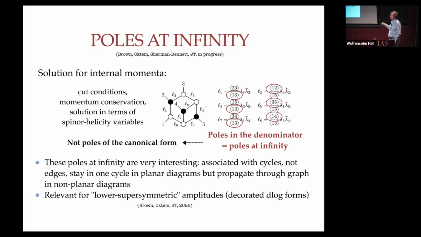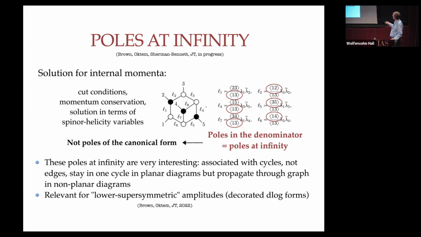They don't show up in the canonical form as poles because all the poles are related to erasing edges, setting edge variables to 0. But from the physics point of view, they set these momenta to infinity. They kind of blow up the loops. And we call it poles at infinity because the L goes to infinity in the given diagram.